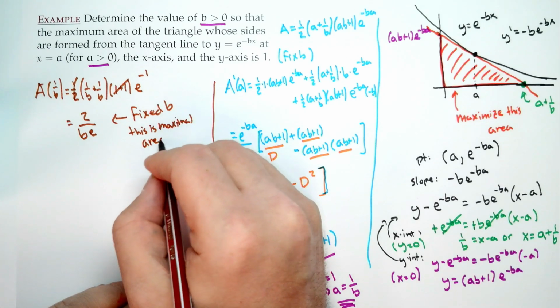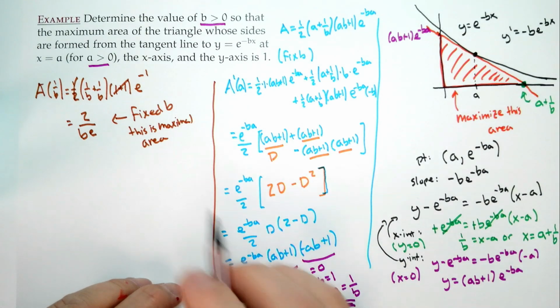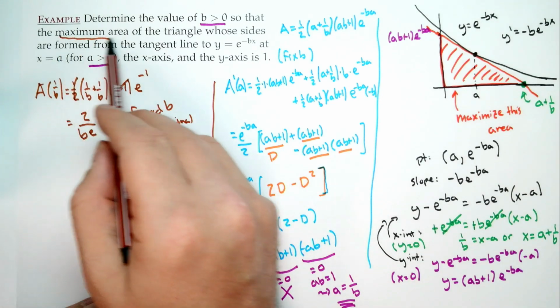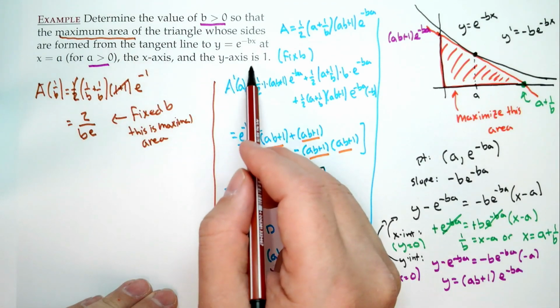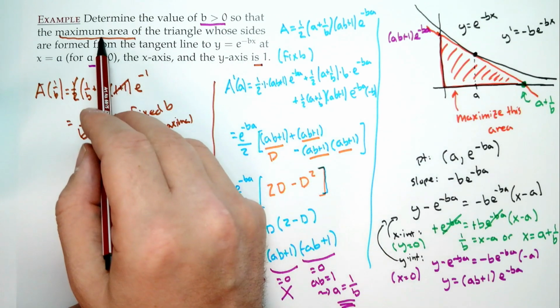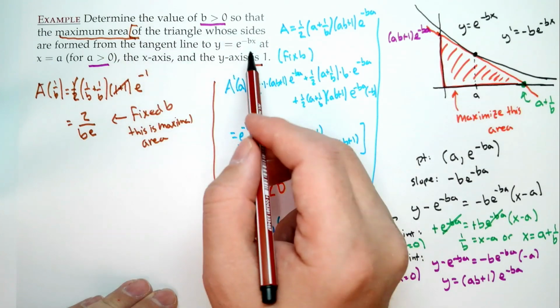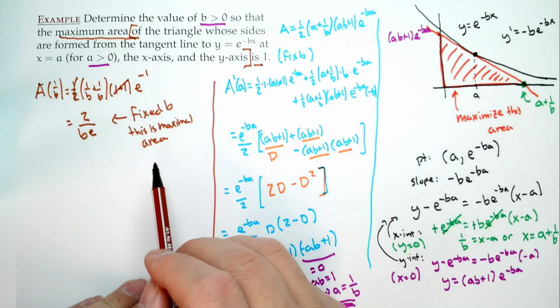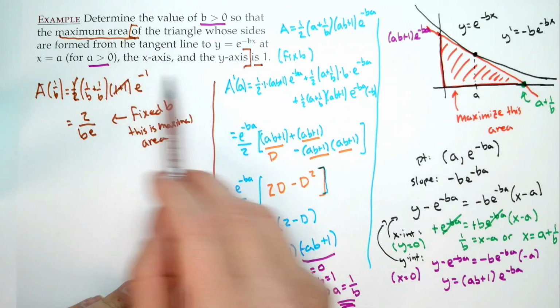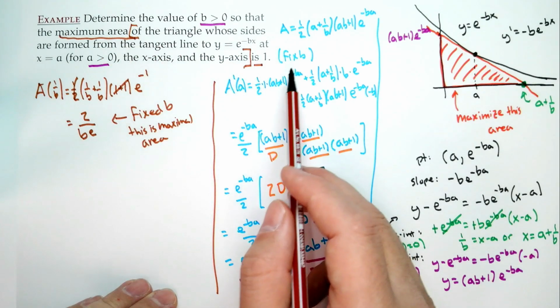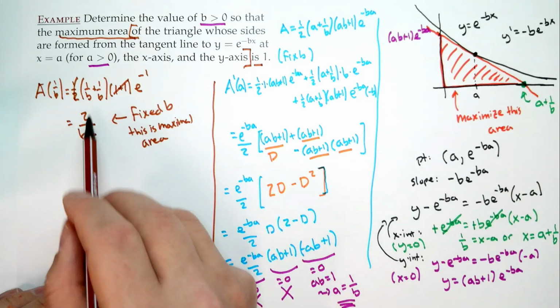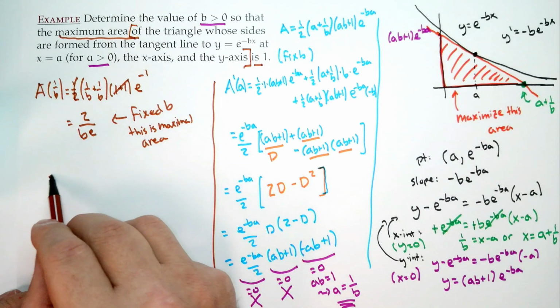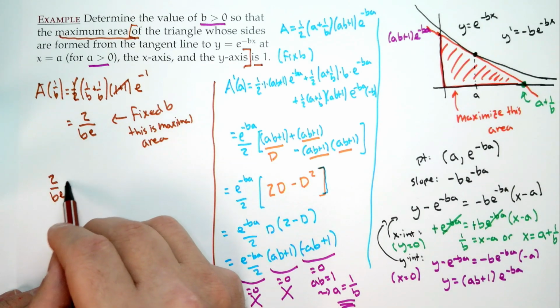Well, what are we trying to do? We want the maximum area to be 1. So we want this maximum area had better be equal to 1.